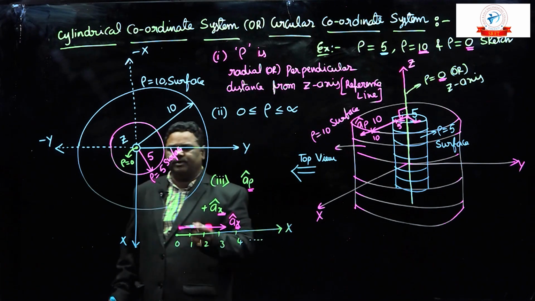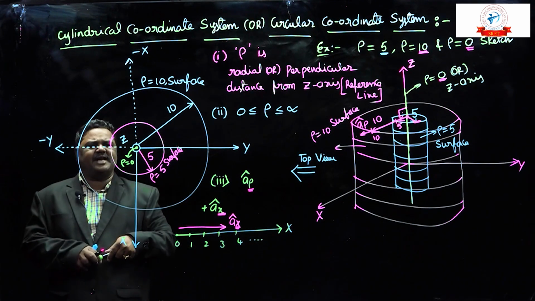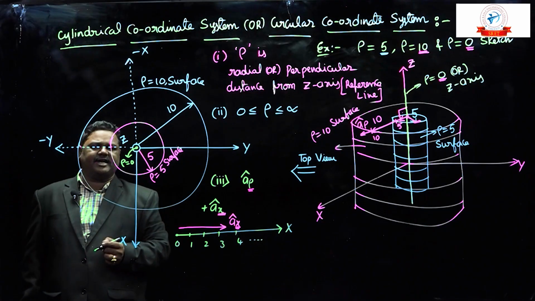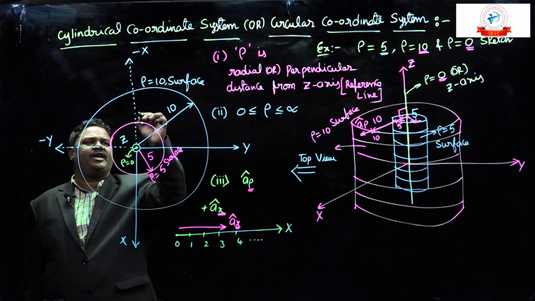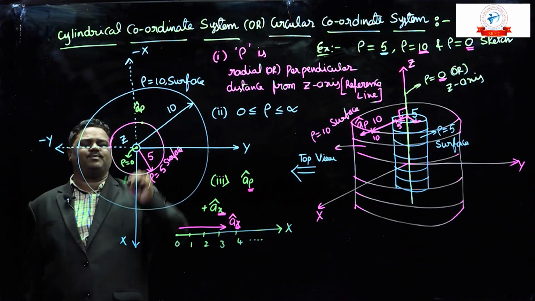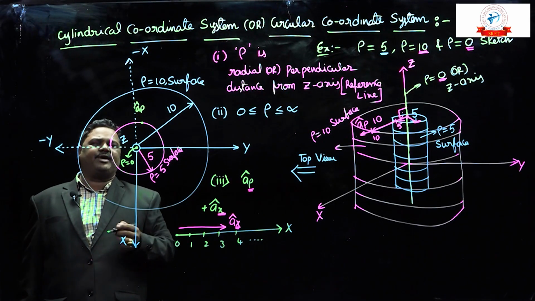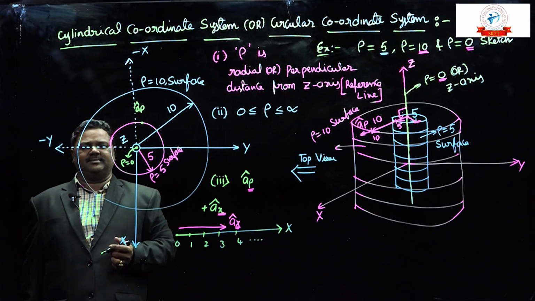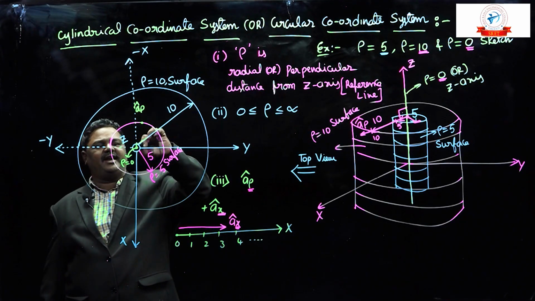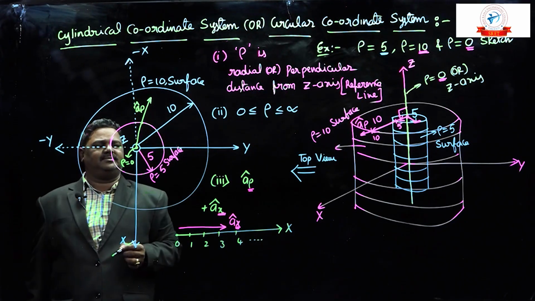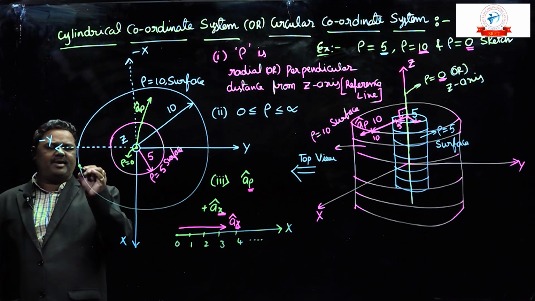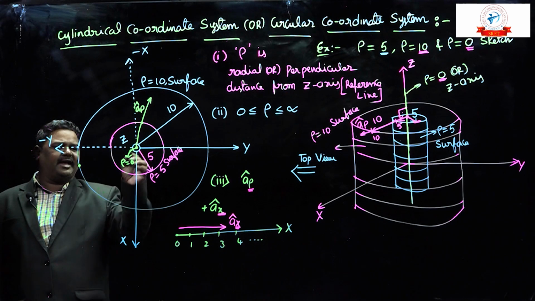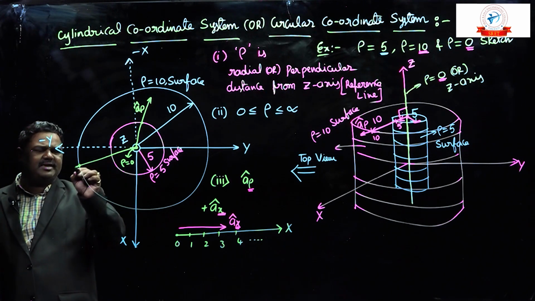For example, in this diagram, if you want to represent the rho direction at any location, just see here. I want to know what is the a-rho cap direction at this point. A-rho cap indicates the increasing rho direction, or radially away from the z-axis. So you draw a line radially away from the z-axis. That is the direction of a-rho cap. For example, you need the a-rho cap direction at this point. Then draw a line which is radially away from the z-axis.